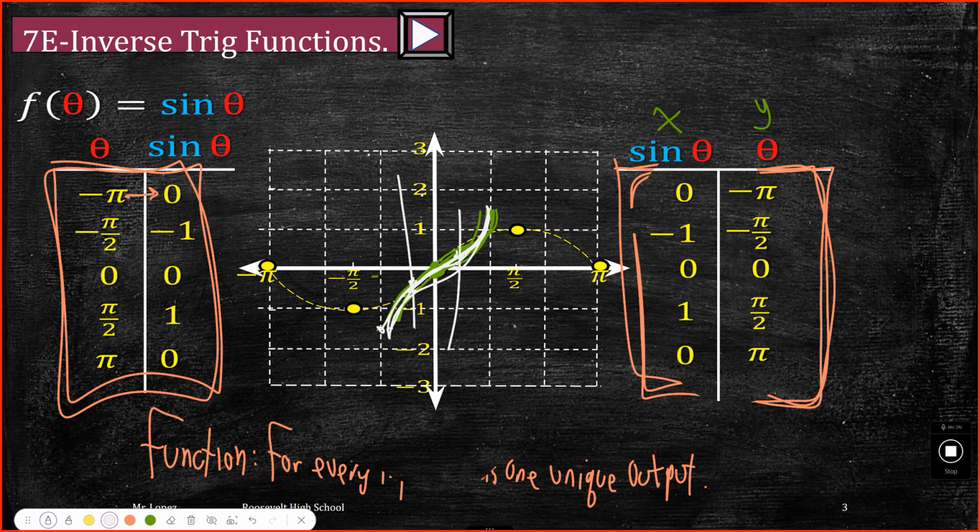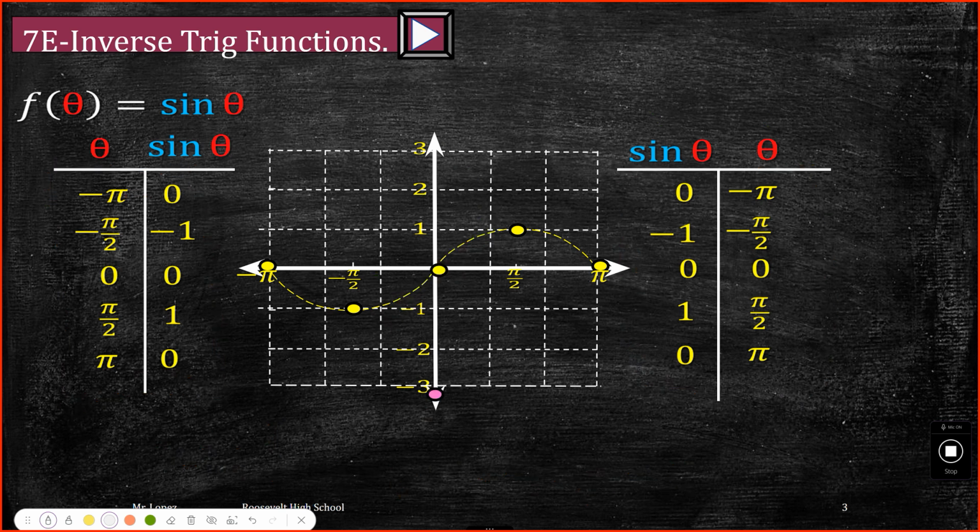Because for every input, it only has one output. For every input, one output. Okay. So when we do this, and that's the graph, I'm going to focus on that square right there. That's going to be the function. There it is. So the inverse of sine, this graph right here, is sine inverse.